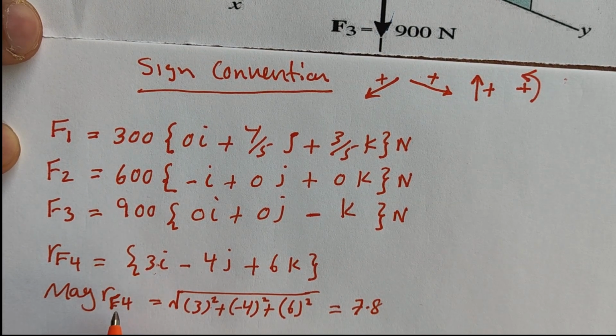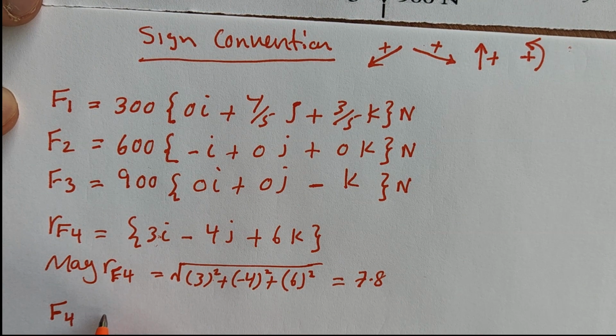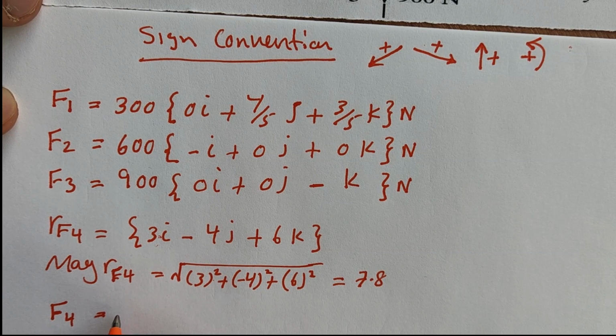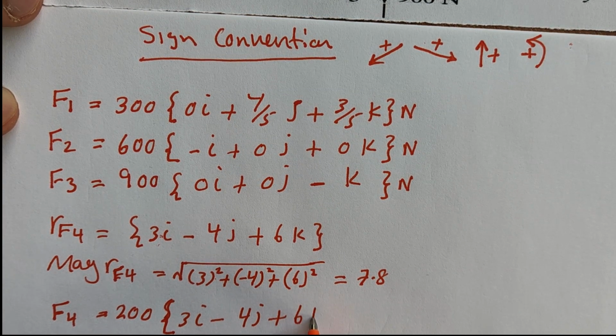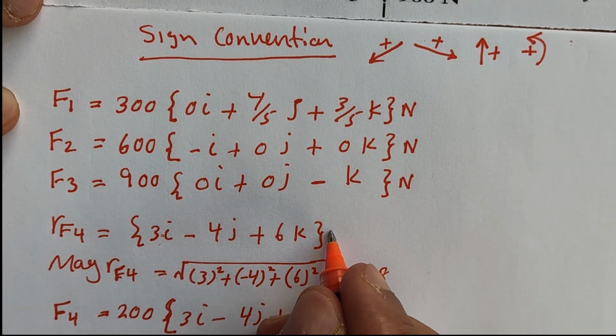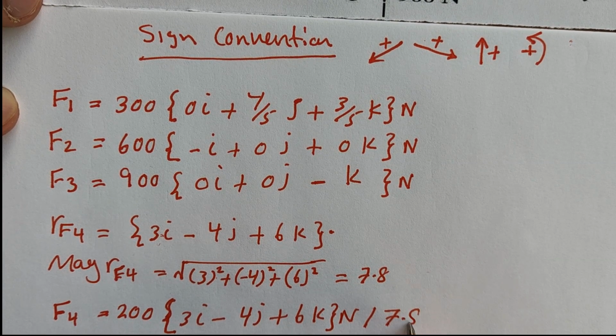So once we found the position and the magnitude, now we can find the unit vector for F4. So F4 is given as 200 Newton, times 3i minus 4j plus 6k, all divided by 7.8.